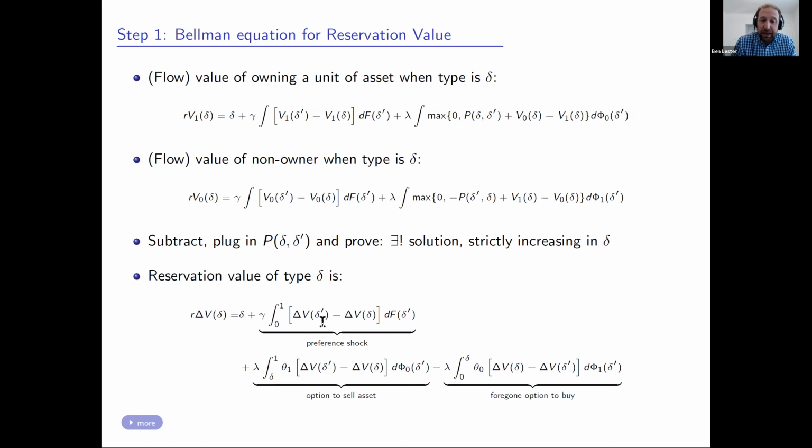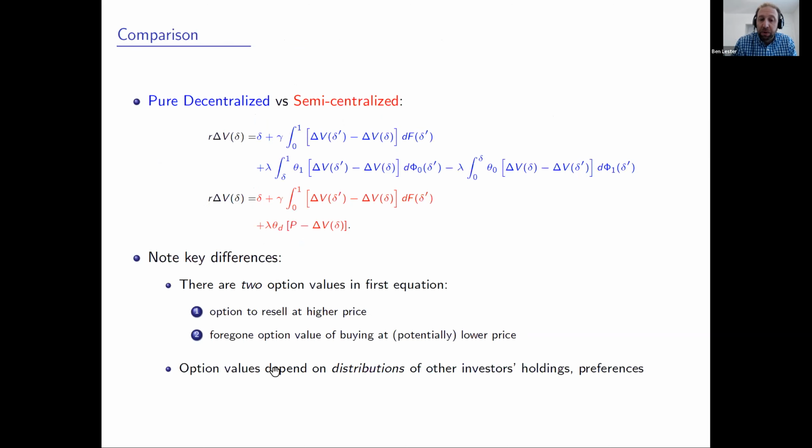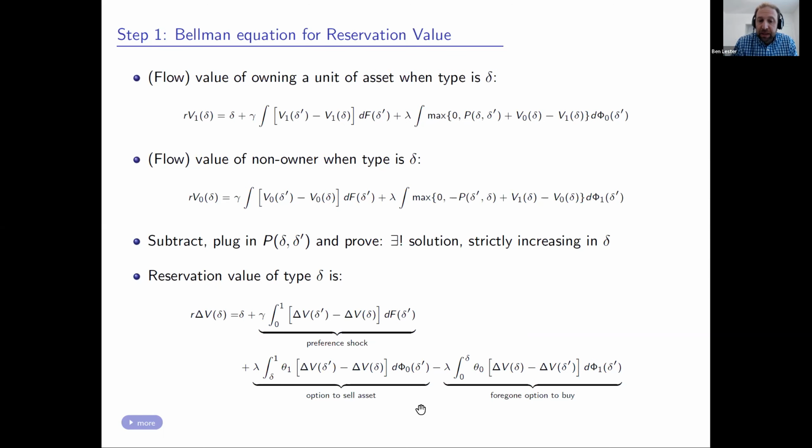And when I sell that asset, as a seller, remember my bargaining power when I own one unit of the asset is theta 1, I will extract a fraction theta 1 of the surplus between my reservation value, delta V, and the reservation value of whoever it is that I meet, whose delta is higher than my own.